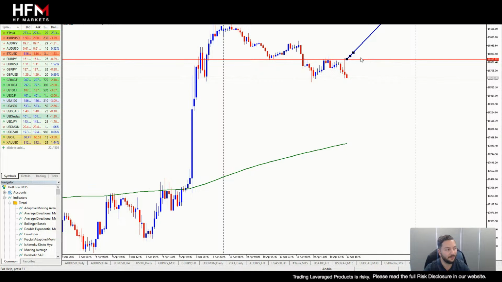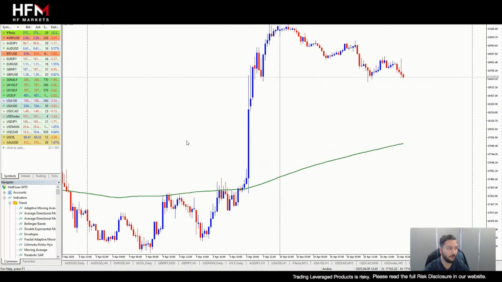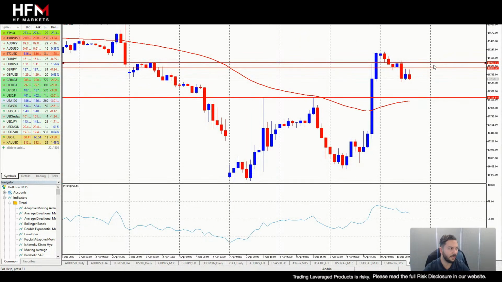But if we break above there, that could be a potential signal of where the price and buy signals may restart to gain upward price movement, especially if the low inflation rate continues to have that effect on the market. So that's in regards to the Nasdaq, ladies and gentlemen.